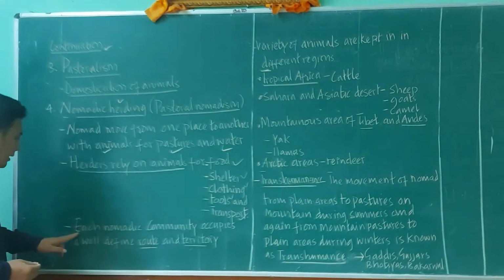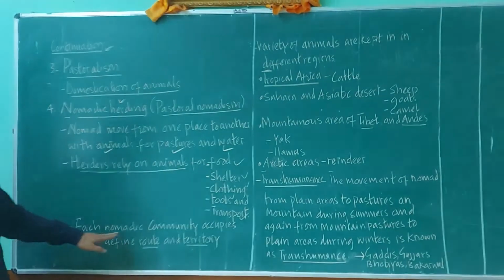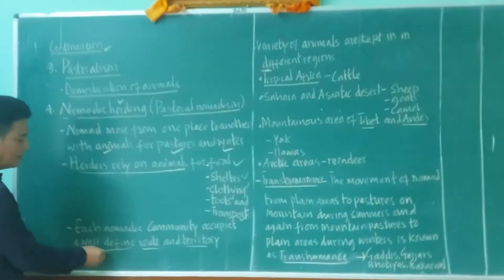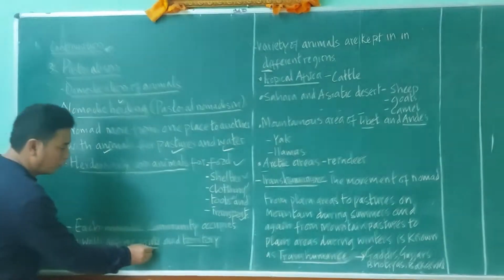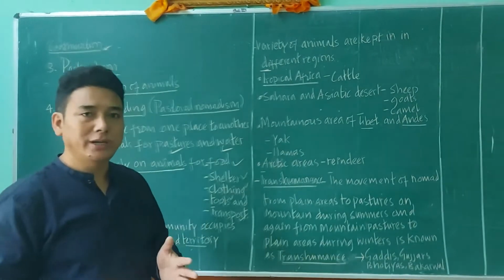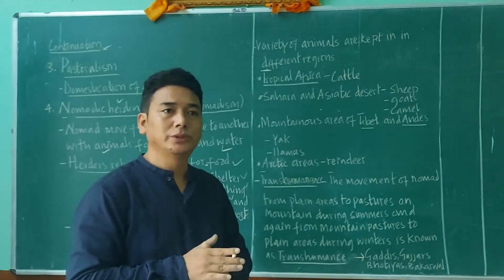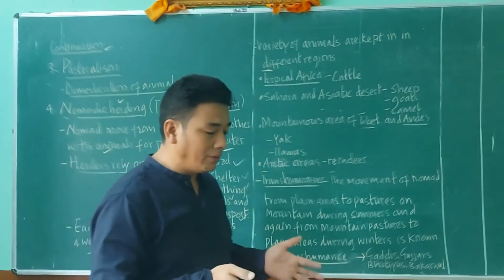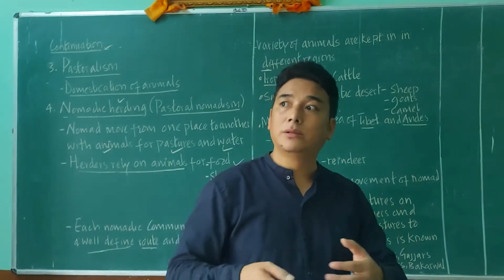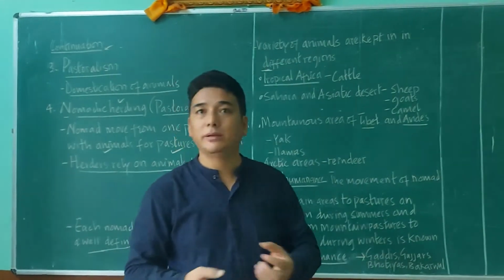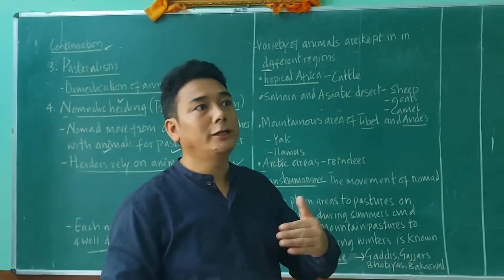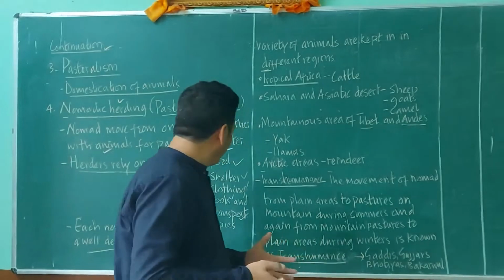Each nomadic community occupies a well-defined route and territory. So nomads have their own territory and their own route. That is exactly what is happening in Tibet. Last year there was a huge debate regarding Doklam, between Tibet and Bhutan.